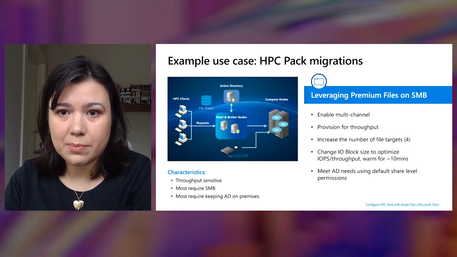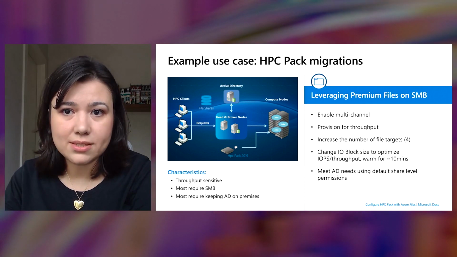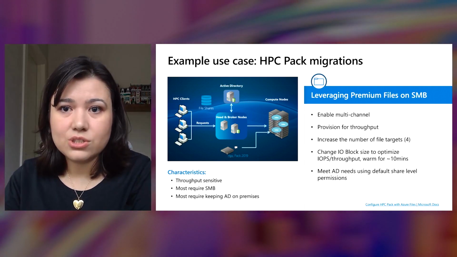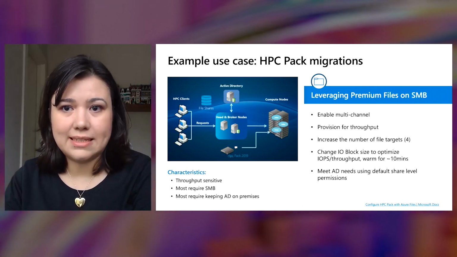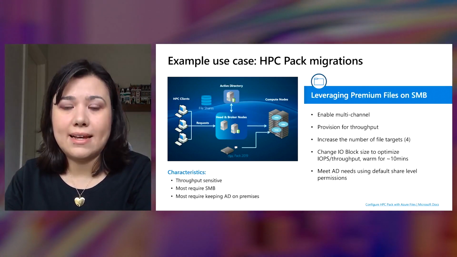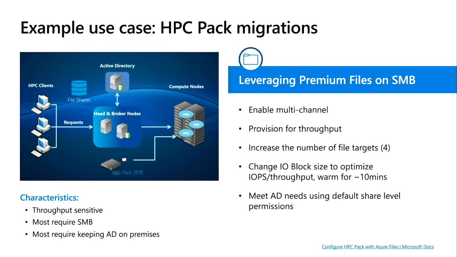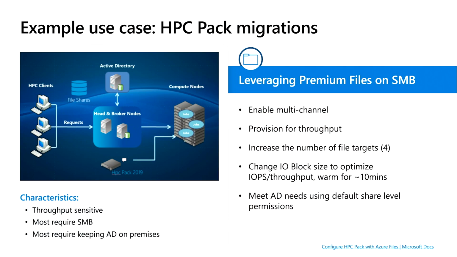We have released a capability called default permissions at the share level. You can configure a default permission set for all authenticated users and then further configure per-user permissions to secure more. The default permission for all authenticated users removes the need to synchronize to the cloud, allowing you to keep your AD on premises.